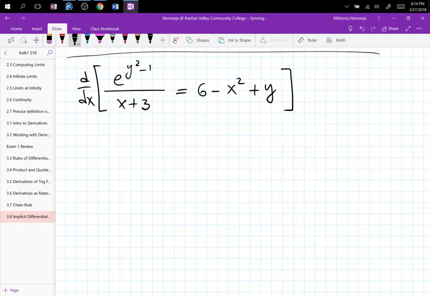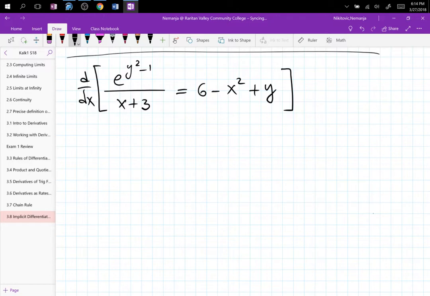So what should we do here? Okay, once you're done crying, what should we do here? Anyone? I heard quotient rule and chain rule, and those are the two, yes. Is there anything else? Can you expand the x squared minus 6?